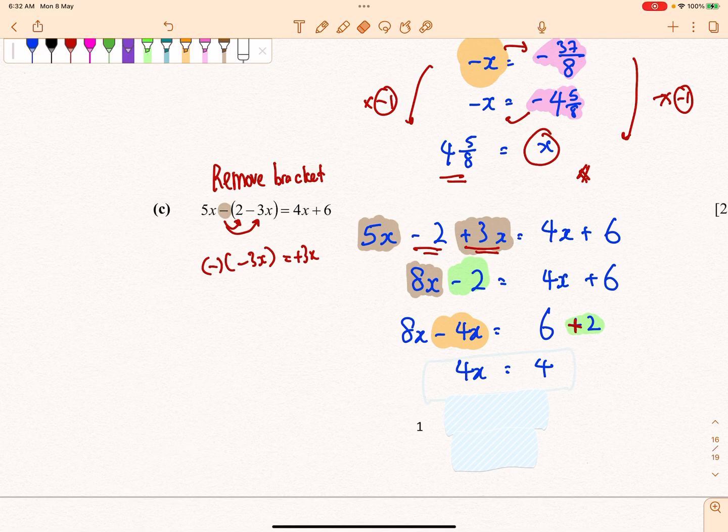So if it's a plus 2, you will expect this to be 4x equals 8. Because I want to remove the 4, I divide both sides by 4, or I bring over the 4. So 8 divided by 4 will give you 2.